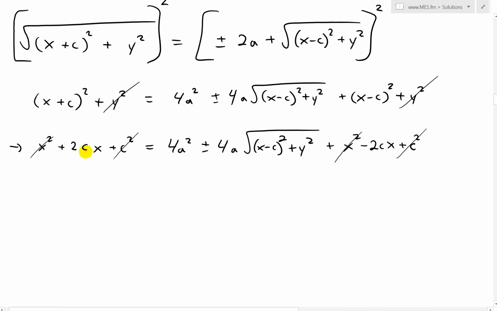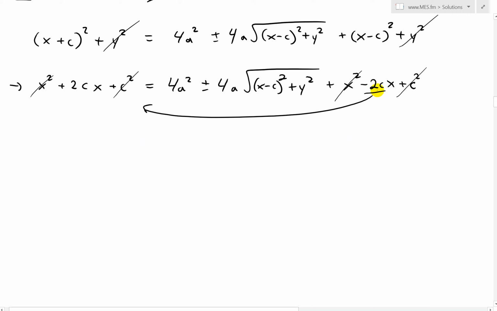And now this part here, we can move this over to this side so that they can add up. And then when they add up, we get 4cx, 2cx plus 2cx. There, 4cx equals 4a squared, remove all the cancellations, plus or minus 4a times the square root of x minus c squared plus y squared.